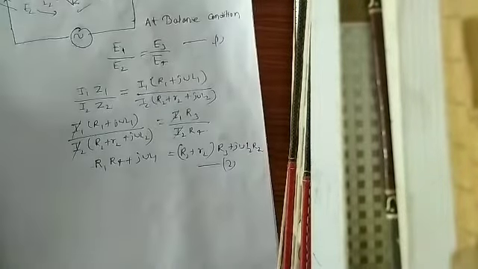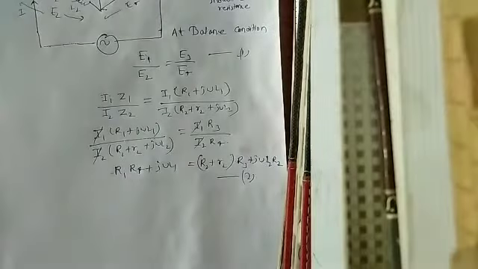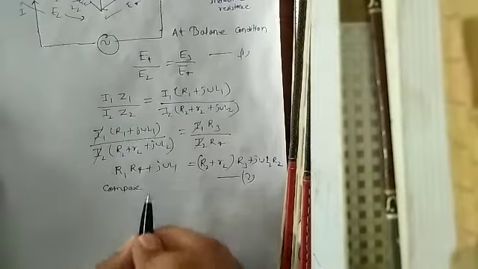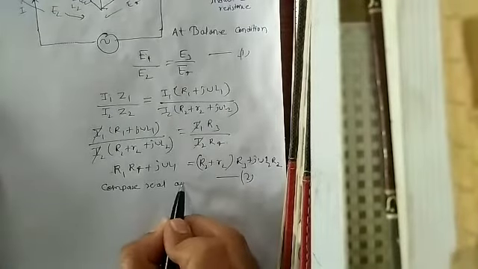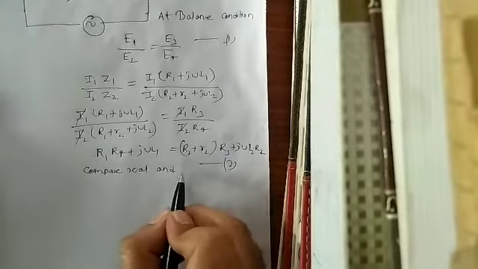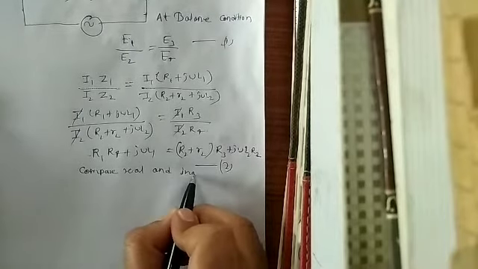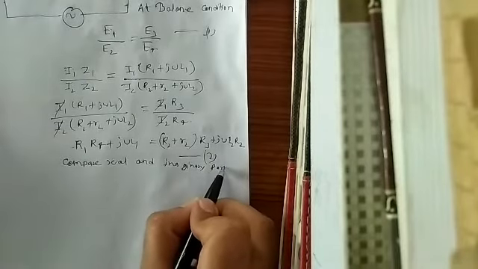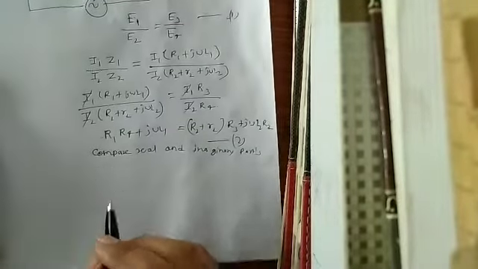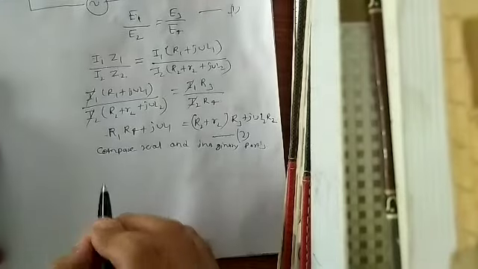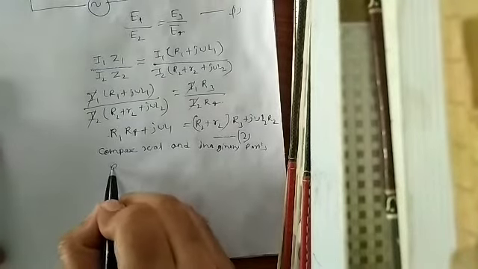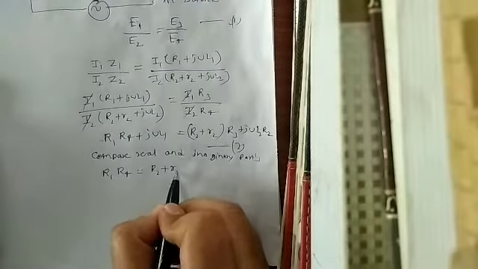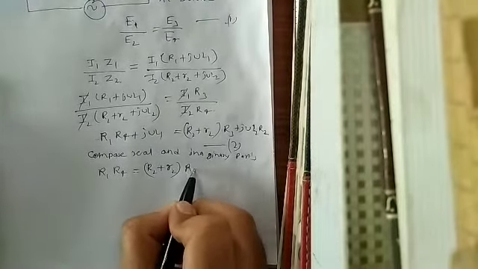Now in equation 2 we can compare the real and imaginary parts. On comparing real parts, we get R1 R4 equal to R2 into R3.